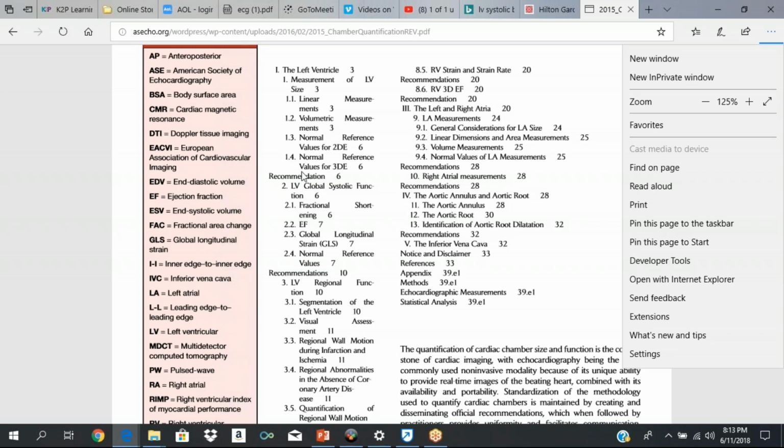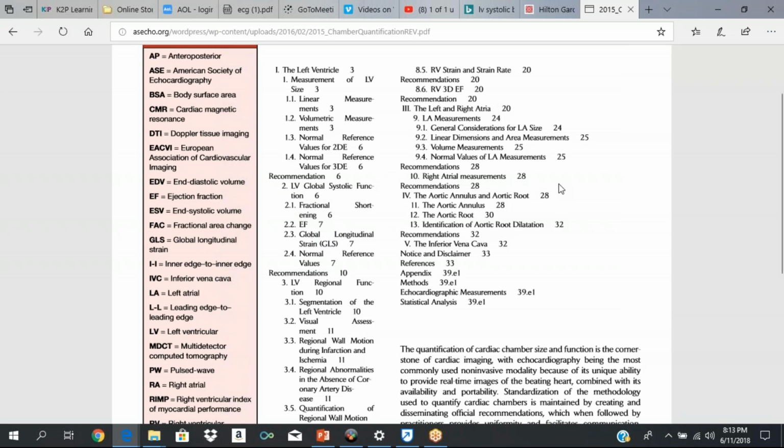Also, we showed you how to do your ejection fraction and fractional shortening. We didn't look at global longitudinal strain. We're not there as yet, so we didn't discuss that.